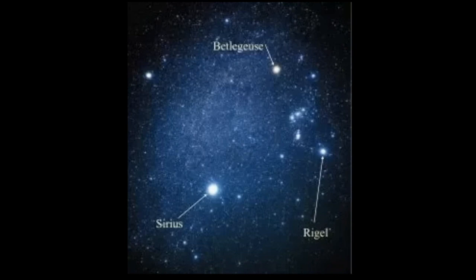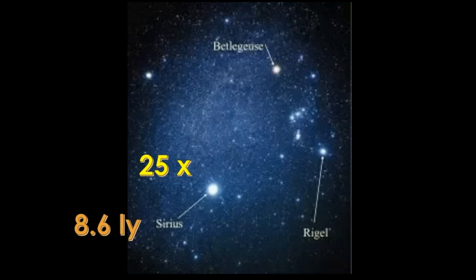We can illustrate this by looking at this poor resolution picture that shows a few famous stars, including Sirius and Betelgeuse. Sirius is the brightest star in our night sky. It is actually 25 times brighter than the sun. However, the sun appears much brighter. And that's because Sirius, the star, is 8.6 light years away.